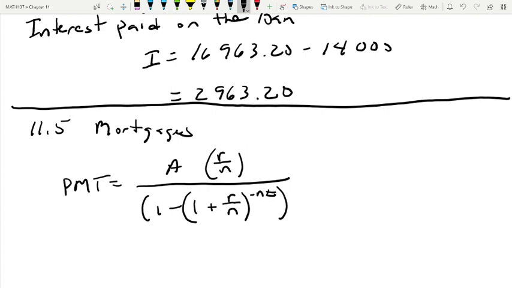We've seen it before. Typical mortgage is a 30-year mortgage. It's usually the type. The next common one is a 15-year mortgage. So common is a 30-year mortgage. And then the other one is a 15-year.